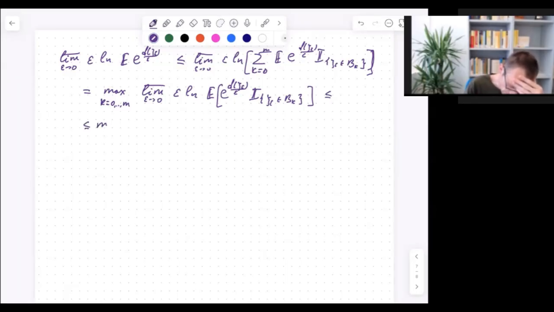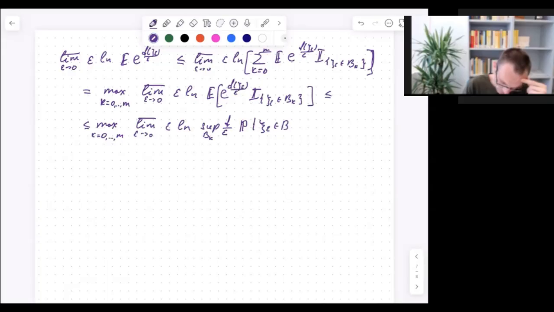It is the maximum over k from 0 to m of the limit as epsilon goes to 0 of epsilon logarithm, and then the supremum over the set bk of the function f divided by epsilon, and you have the expectation of the indicator. It is a probability that psi epsilon belongs to bk.